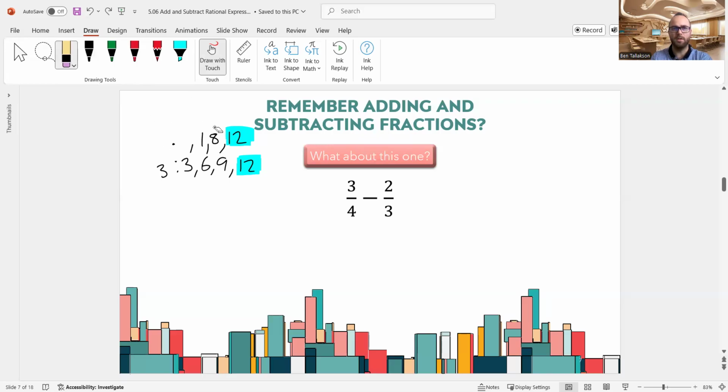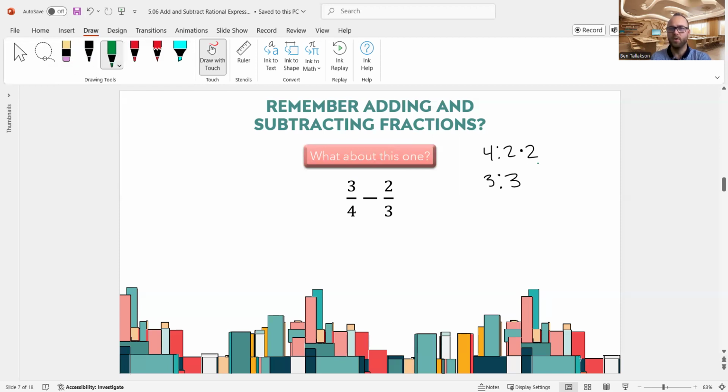I'm going to list out all the factors that make up this denominator, then all the factors of my other denominator, 3. Now the big question is, what is down here in this list of factors that isn't up here?